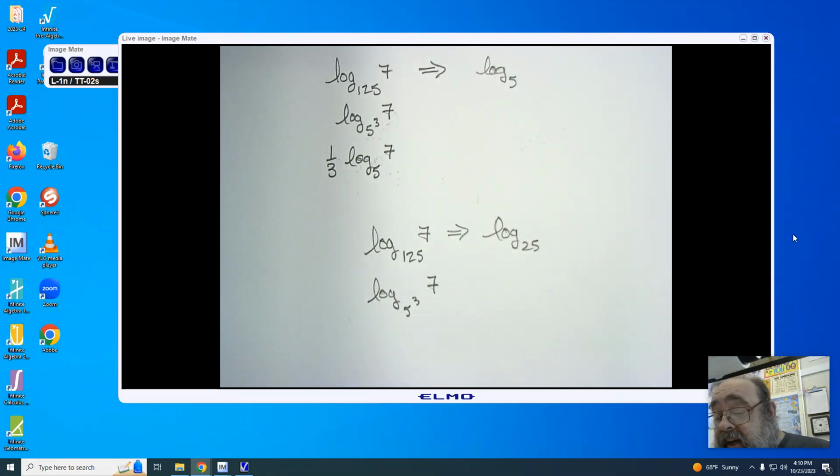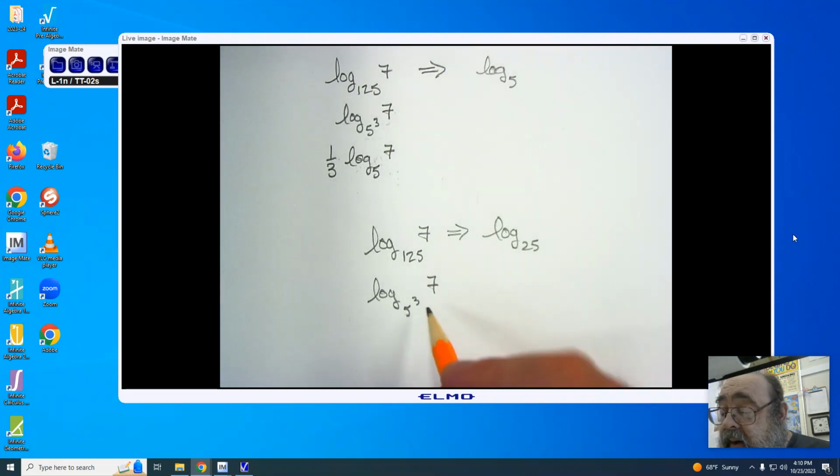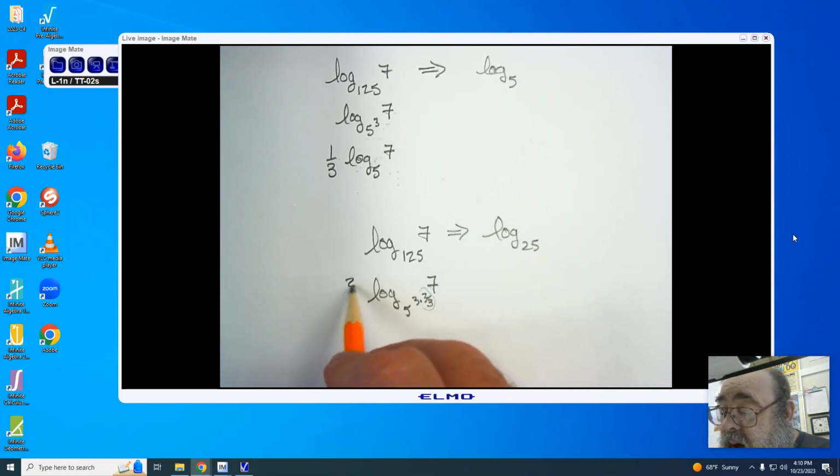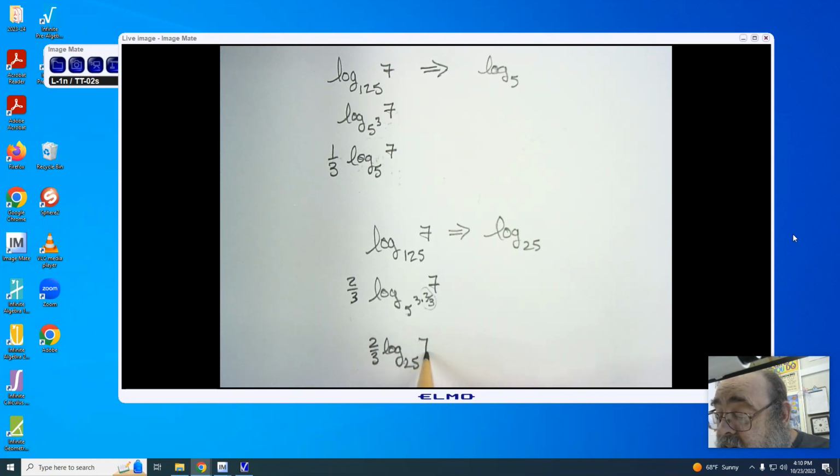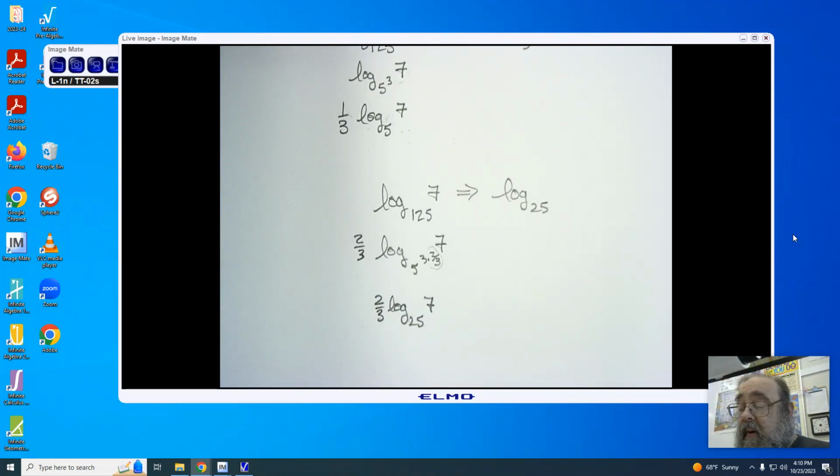But I want to end up with a 5 squared, so I'm going to multiply by 2/3. Notice what I multiplied was 2/3 here. I'm going to put a 2/3 out in front, and I now have 2/3 log base 25 of 7. And that's now my answer.